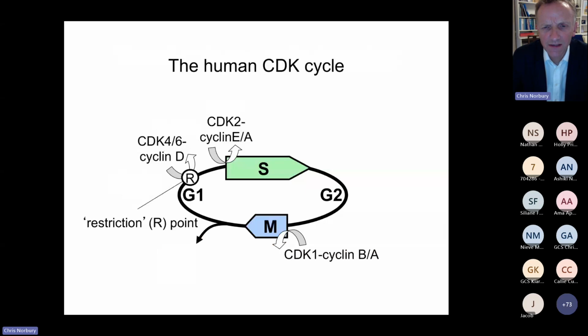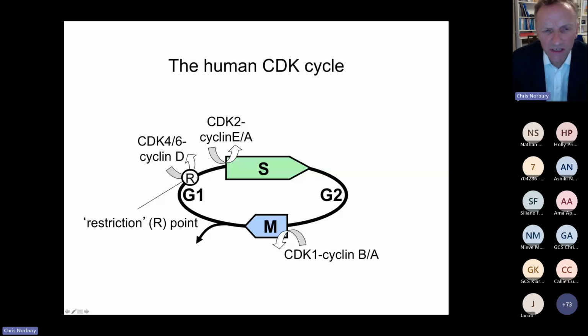And in human cells, it's a bit more complicated because there are multiple different cyclin-dependent protein kinases. So CDK1 is this conserved CDK that was identified by Melanie that drives entry into M phase, probably in all eukaryotes as far as we can tell. And then other CDKs are responsible for the process of cell cycle commitment in the G1 phase, which in mammalian cells is called the restriction point, and the initiation of DNA replication.